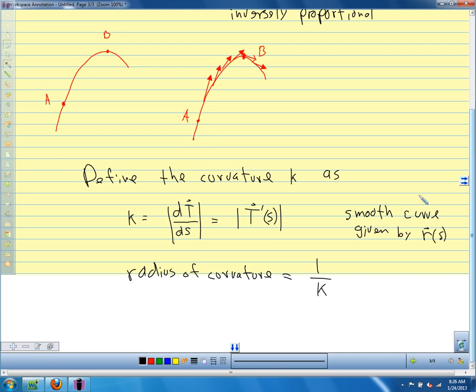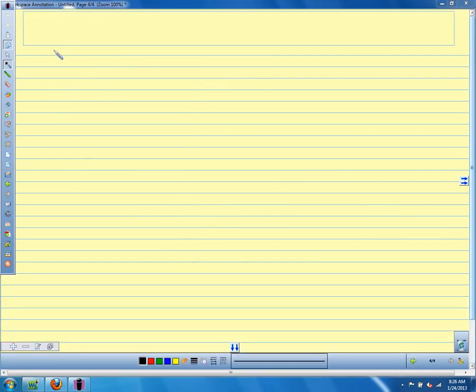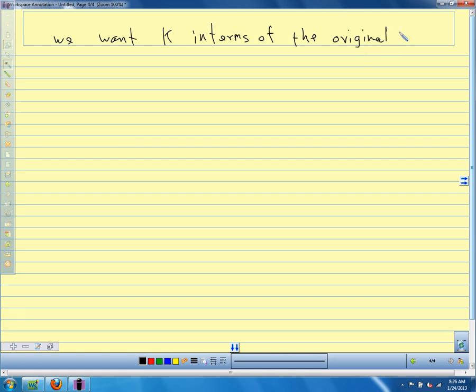So let's look at how we actually calculate our curvature. This is our definition. We want to put this in terms of our original parameter. So we want K in terms of our original parameter.